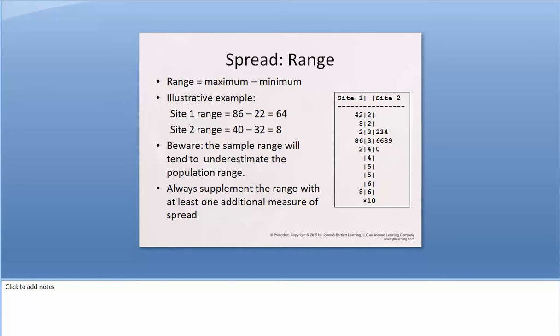Okay. So because of that, if you give the range, you need to supplement it with another measure of spread. Remember, we talked about the interquartile range and also the standard deviation.